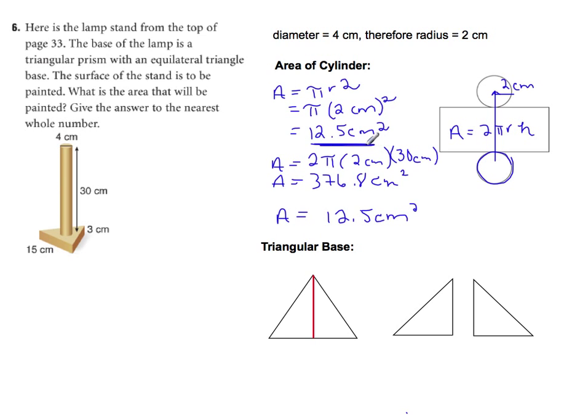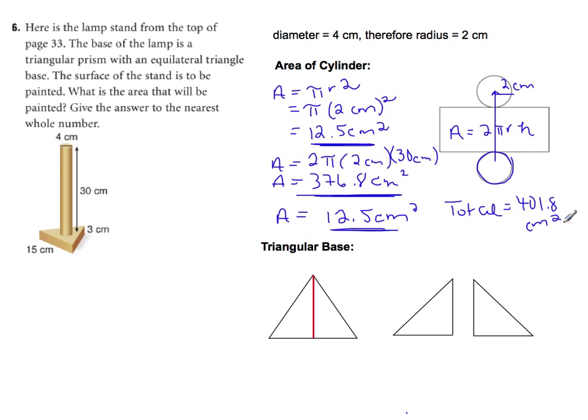So I have area of the top circle, area of my rectangle, area of my bottom circle. So I get a total area of 401.8 centimeters squared.